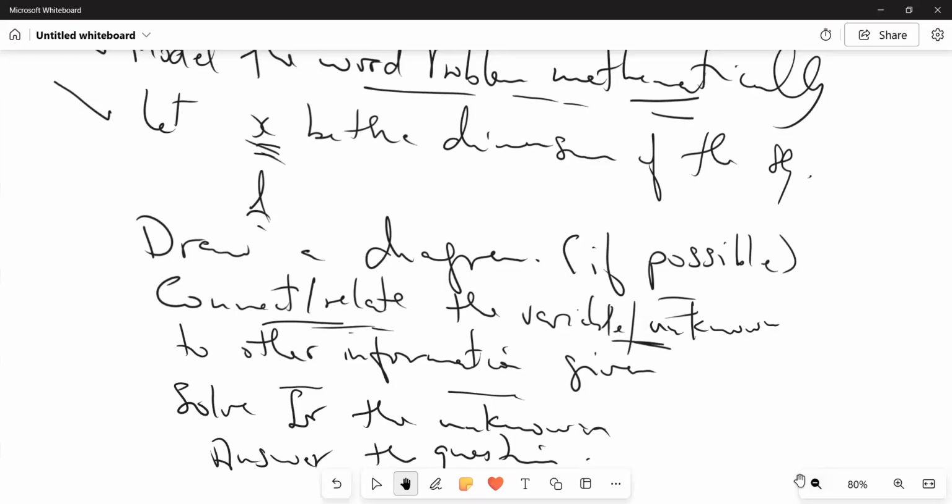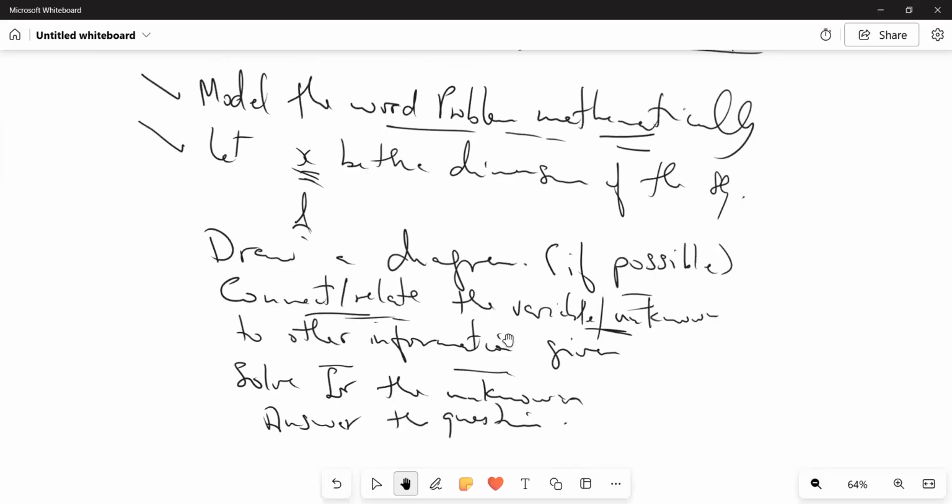I think you get an idea what I'm talking about. Let's illustrate all of this with an example. I'll borrow this one from the textbook.